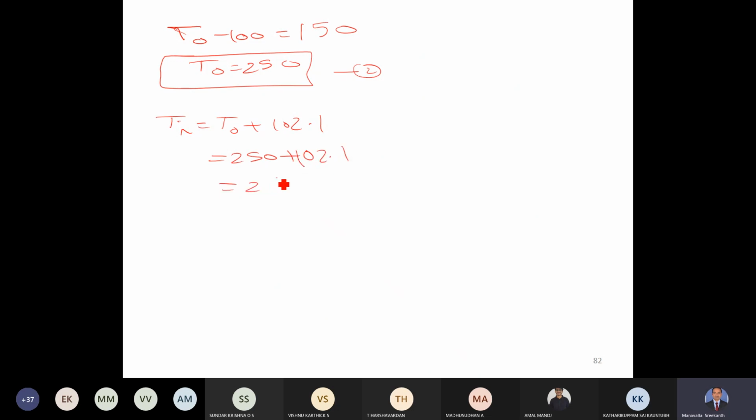So 352.1 degrees Celsius. Okay, so this is the inner temperature. So finally, the answer is inner temperature is 352.1 degrees Celsius, and the outer temperature is 250 degrees Celsius.